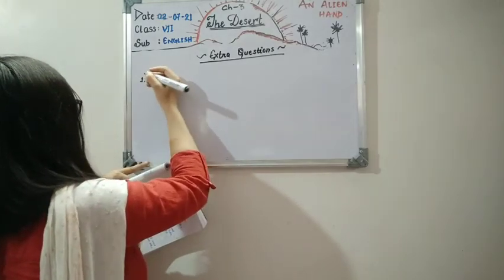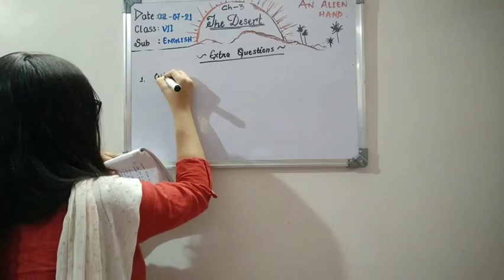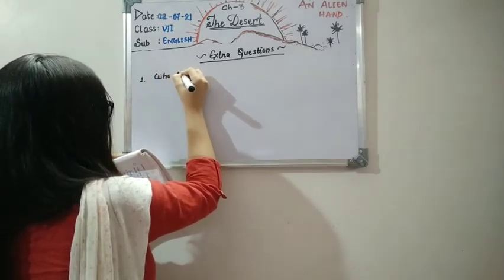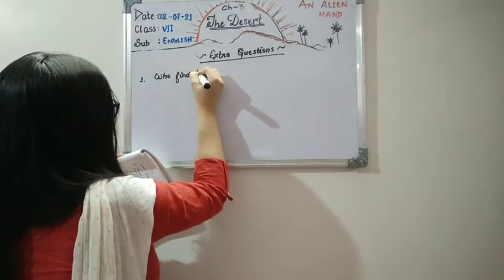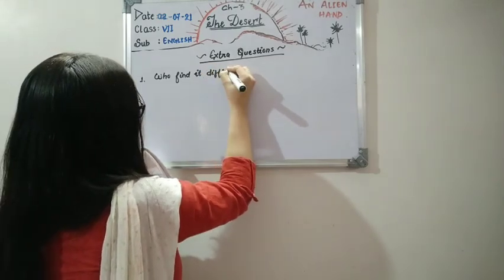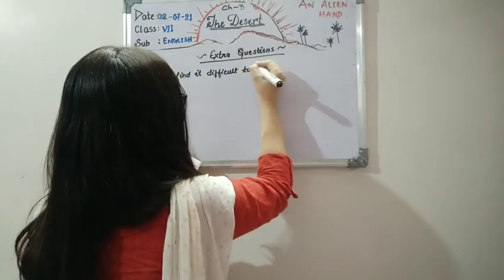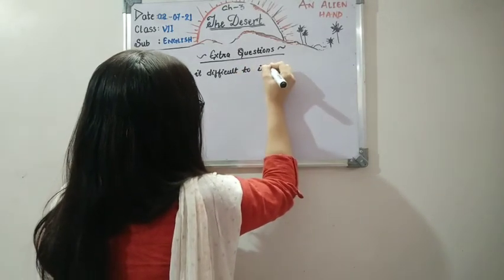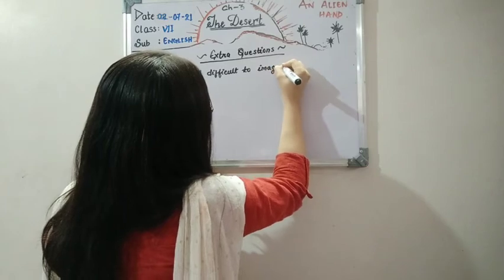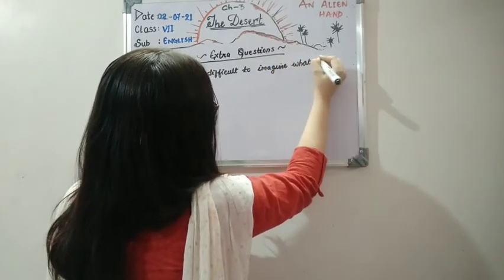Number 1. Who find it difficult to imagine what a desert is like?